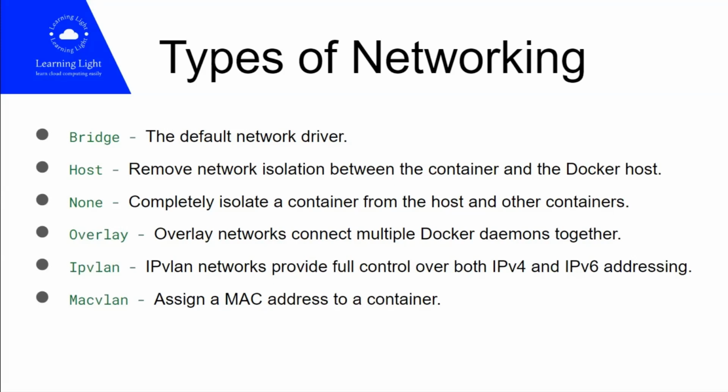And finally, the Macvlan network allows you to assign a MAC address to a particular container, making it appear as a physical device on your network. The Docker daemon routes traffic to containers by their MAC address. Using the Macvlan driver is sometimes the best choice when dealing with legacy applications that expect to be directly connected to the physical network rather than routed through the Docker host network stack.